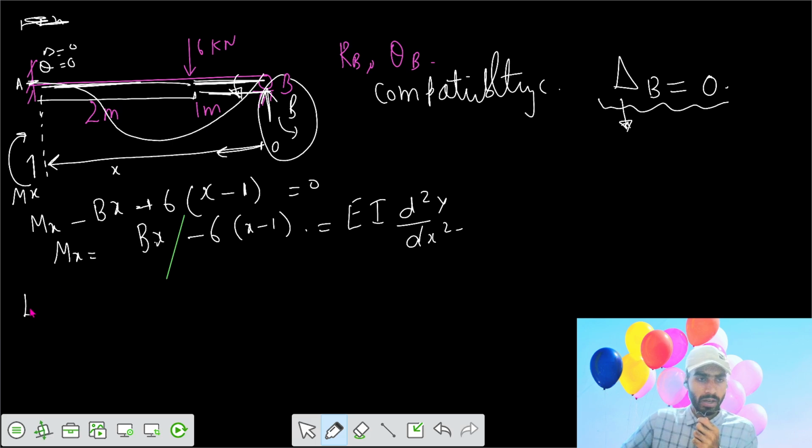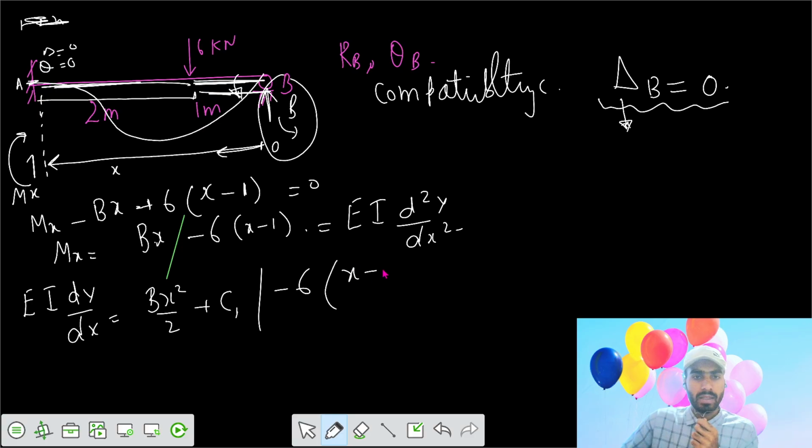Now if we integrate it once with respect to x, we can get EI dy by dx equals Bx squared by 2 plus some constant C1, then minus 6 into (x minus 1) whole squared by 2. After that we have to integrate it one more time.